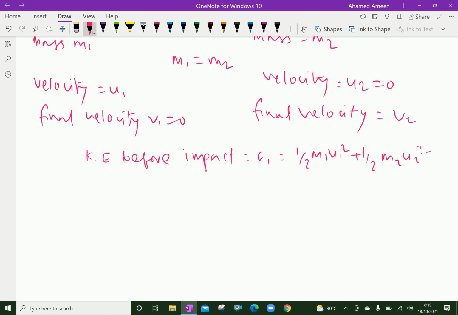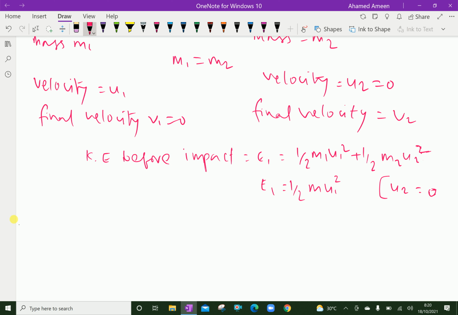Here u2 equals 0, therefore E1 equals half m1 u1 square, since u2 equals 0.